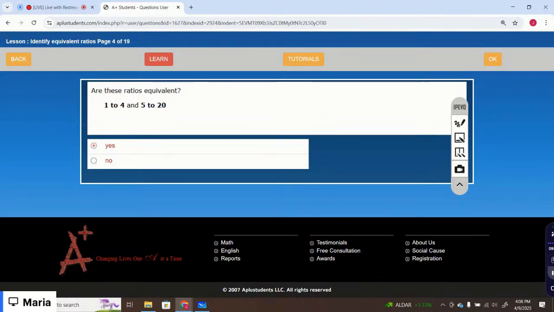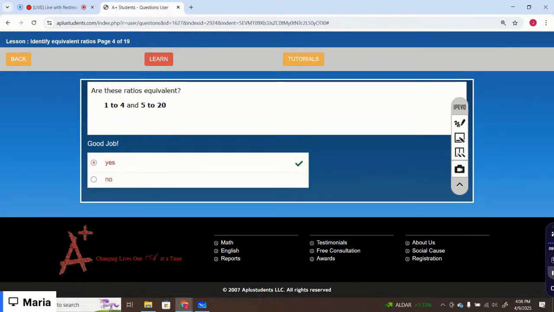Yes, they are exactly equivalent. Option number 1 is the correct option. The fractions are equivalent.